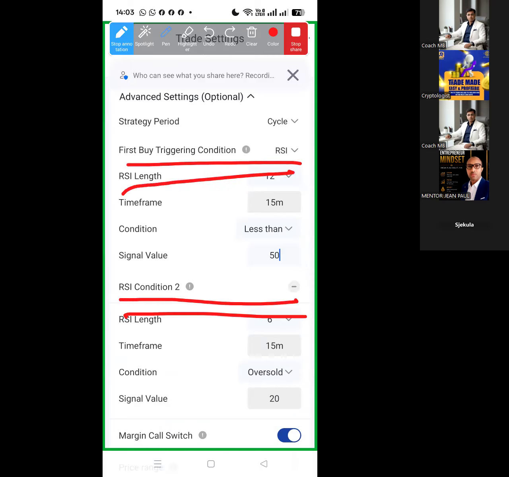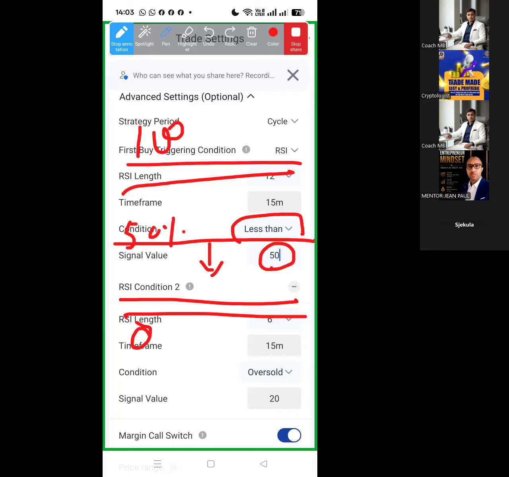These are the oversold area and overbought area. This is 0, this is 100%, and the central line that you can draw here is 50%. So I want to buy a coin when it is less than 50%, so I can put a less than 50% here. But I don't want to buy below 10%. I want to buy in between these two.